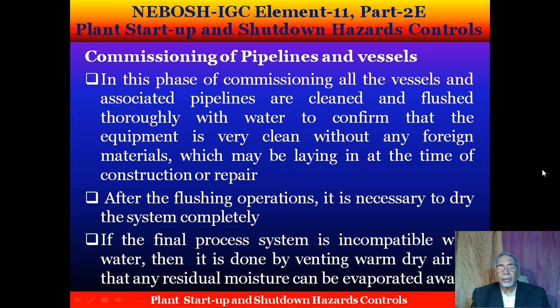After the flushing operations, it's necessary to dry the system completely. If the final process system is incompatible with water, then it is done by venting warm, dry air so that any residual moisture can be evaporated away.